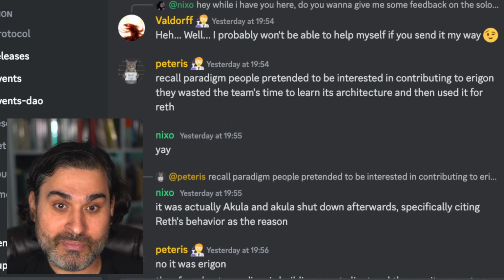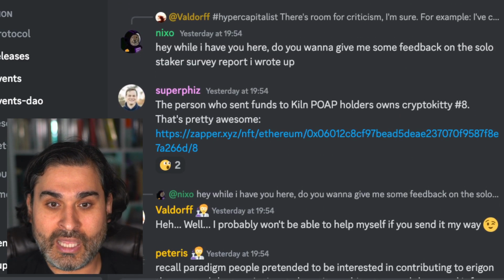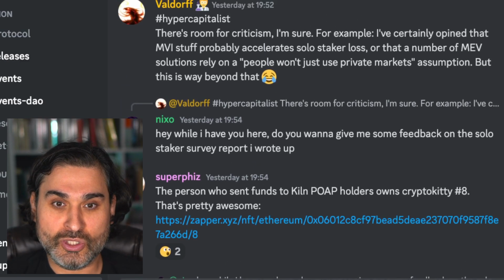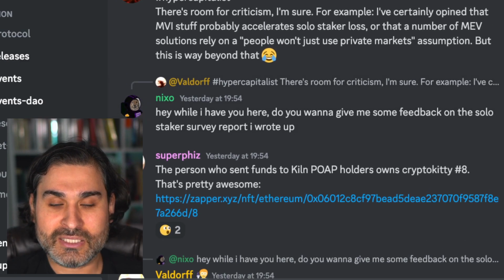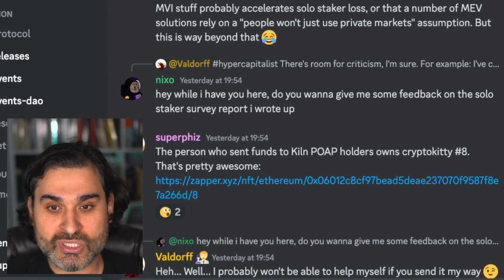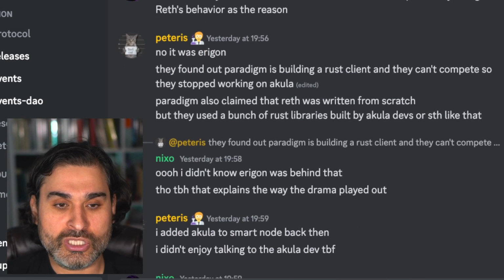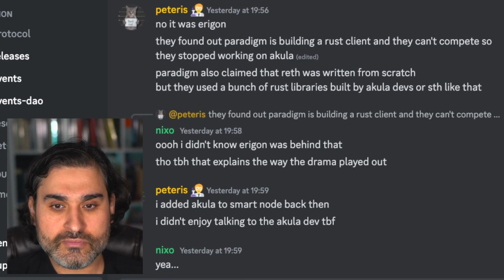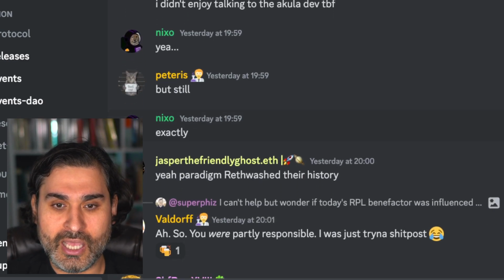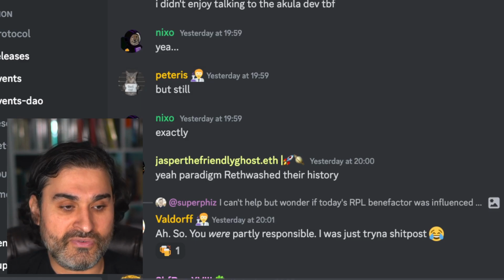So it might be that they're trying to get rETH maximally optimized for this new kind of Ethereum. I guess rETH won't be one of those execution clients that is optimizing for home staking and those kinds of things. But here there was a discussion going on in trading about rETH and some of the other execution clients. So definitely check that out. Read this conversation if you want to get more information.